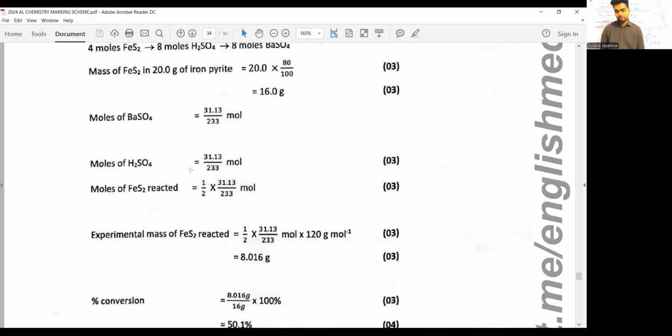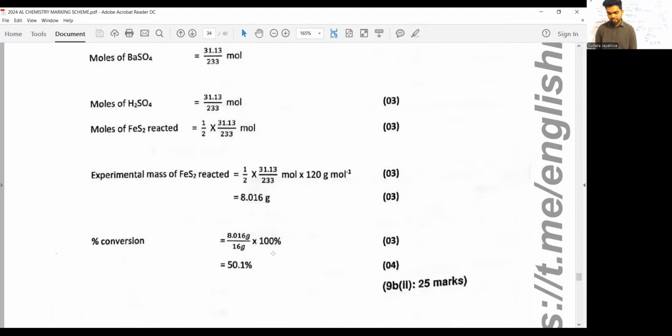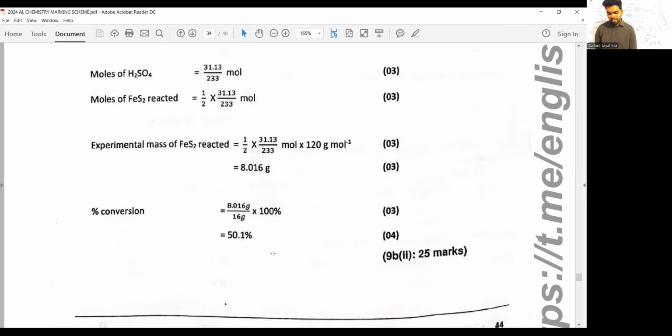So mass 116 grams. And then we got moles of barium sulfate, moles of sulfuric, then moles of FeS2, and then experimental mass. Okay, 8.016. Then we divided that one and we got something else, right? 50.8.